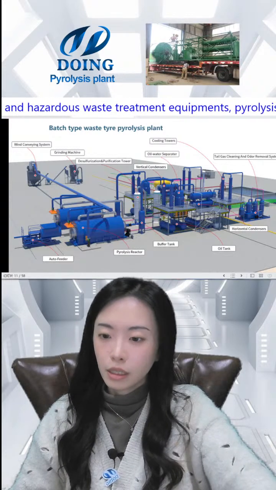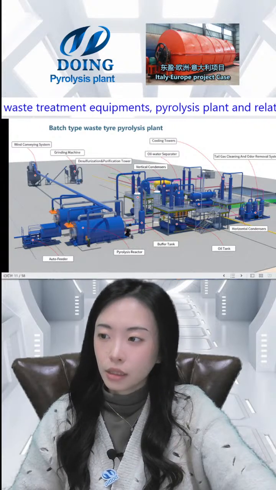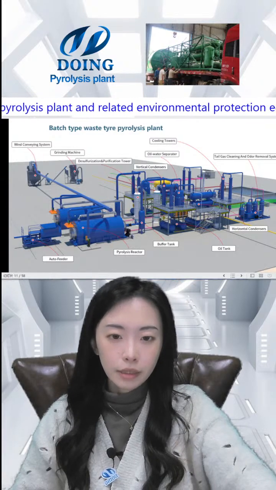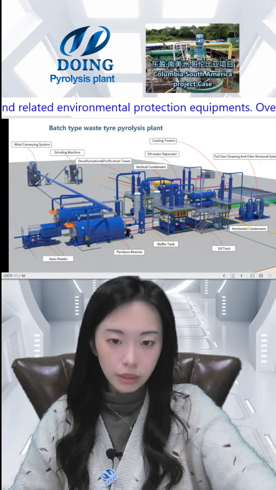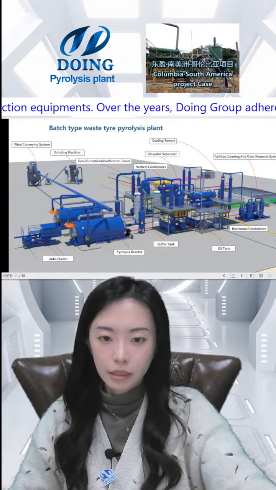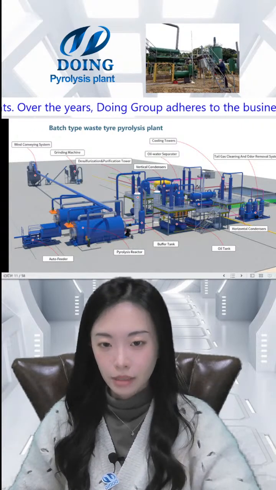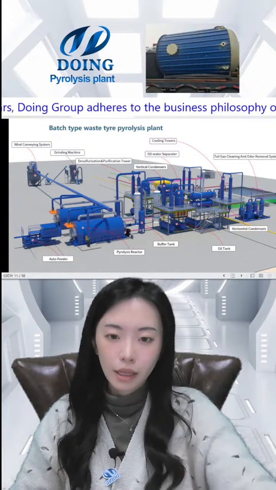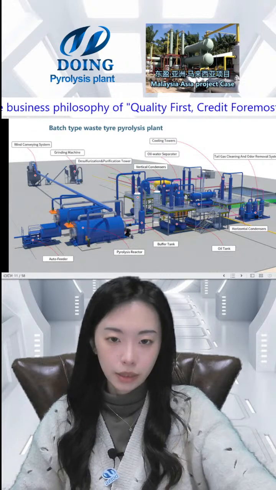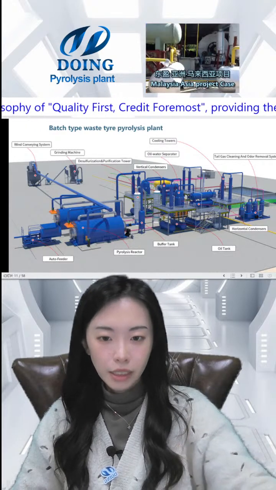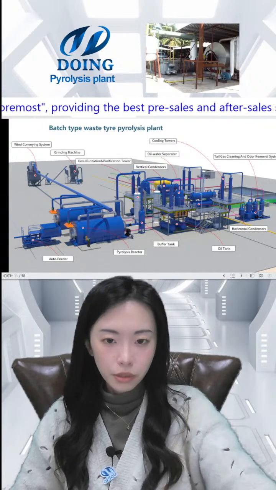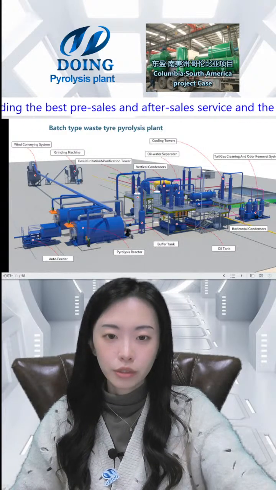First, the auto feeder feeds the raw material into the reactor. Then the combustion system heats the raw material, and we get flue gas or oil gas. It comes out through the outlets and gets into the condensation system. By changing the heating energy, we get the fuel oil, which is temporarily stored in the storage tank here.